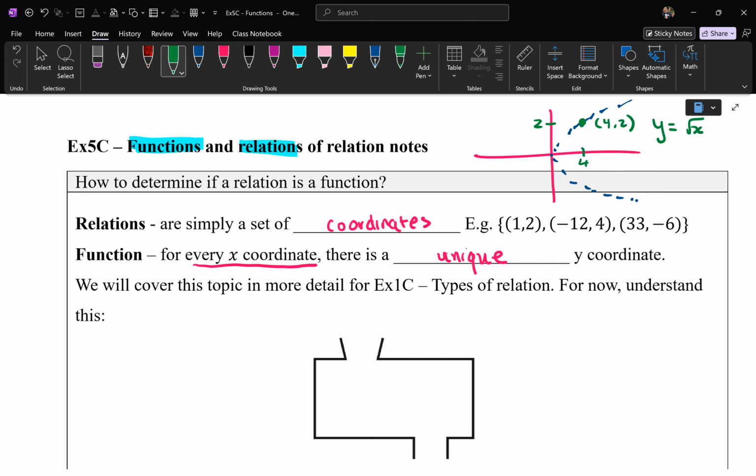Why you only did the top half is because if you only had the top half, there's only 4, 2. So that means for every x coordinate, there is one unique y value that sticks to it. There's not 2. That's why with a linear equation, whatever the x is, there's only one unique y value. That's why it's called a linear function.